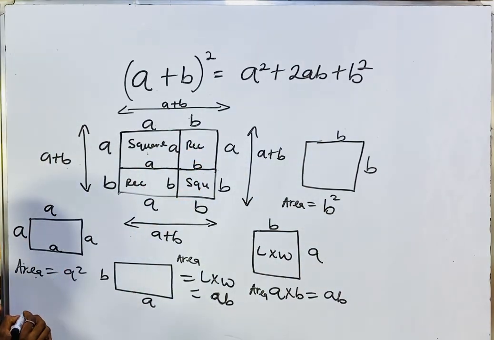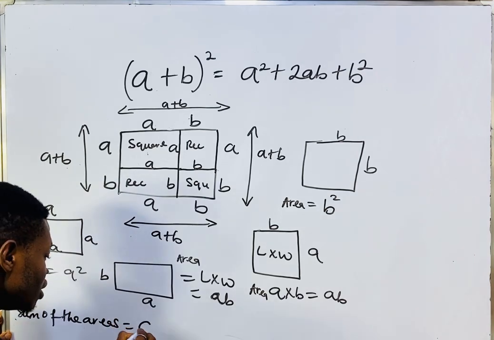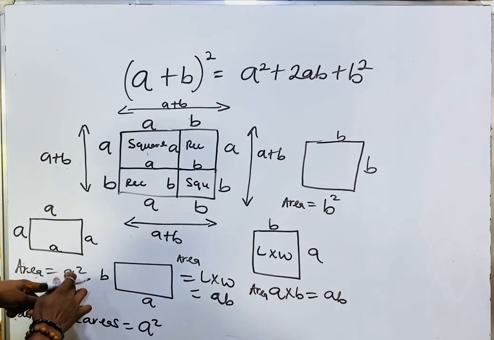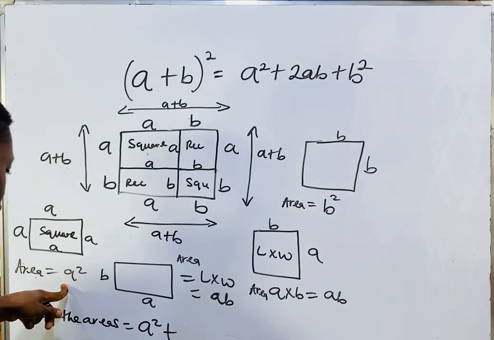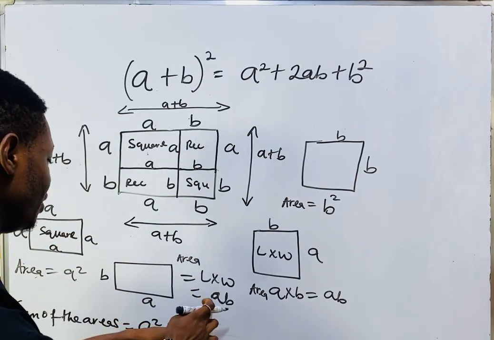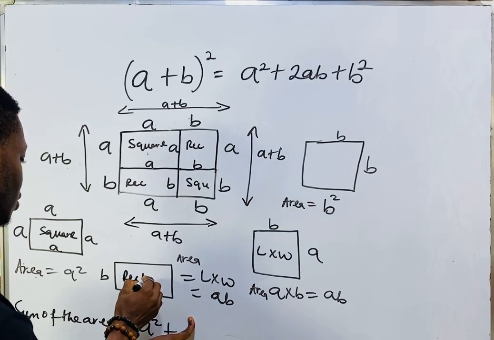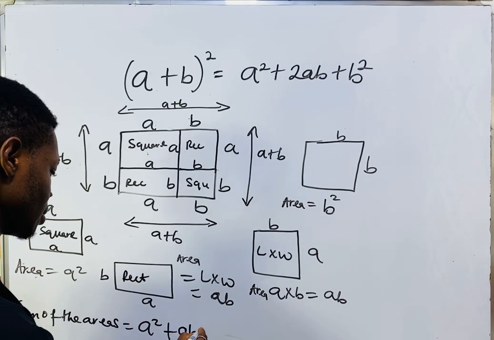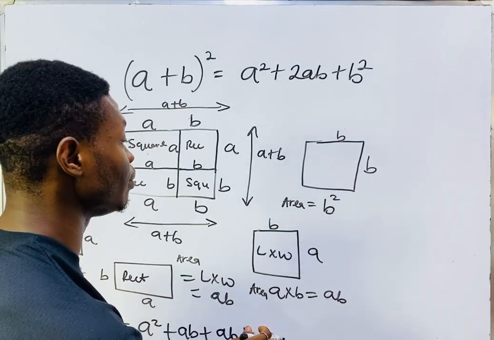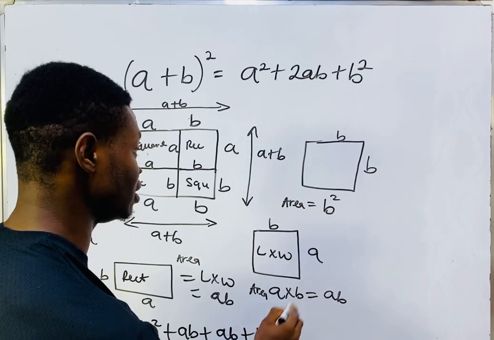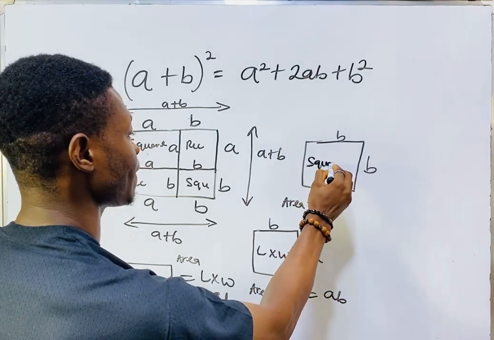So what are we having here? The sum of the areas will now be a squared, which we got from this square, plus ab, which we got from this rectangle, plus ab, which we got from this rectangle, then plus b squared, which we got from this square, right?